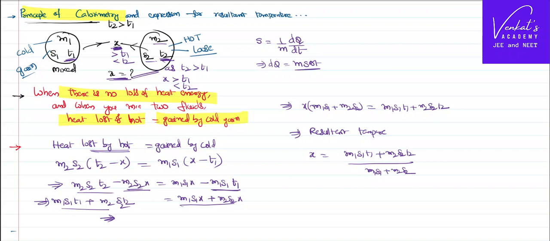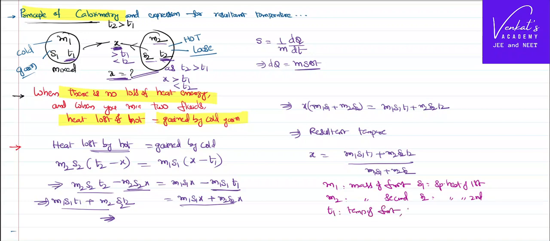Here I want you to be careful and understand what these all are. m1 is the mass of the first one, m2 is the mass of the second one, s1 is the specific heat of the first body, s2 is the specific heat of the second body, T1 is the temperature of the first body, T2 is the temperature of the second body, in such a way that T2 is greater than T1.